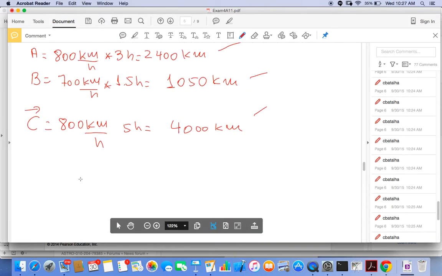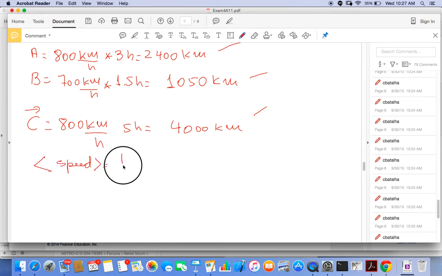So average speed is simple, right? Let's do the first one. The definition of average speed is total distance divided by total time. It's not the displacement; average velocity is total displacement over time, but average speed is total distance.